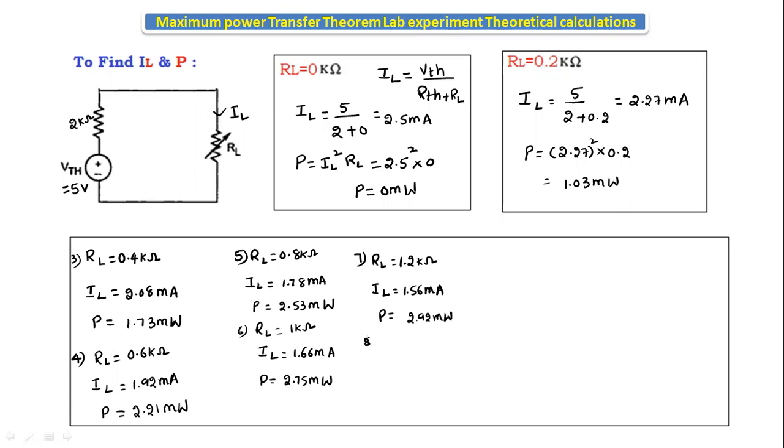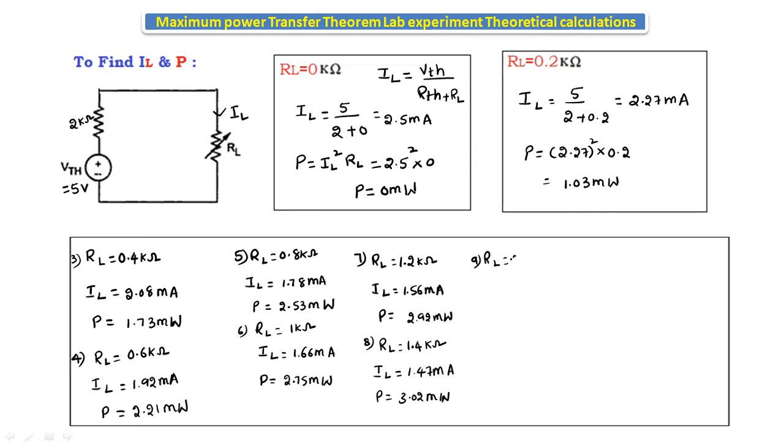Now take one more value, RL is equal to 1.4 kilo ohms. We will get IL is equal to 1.47 milliamps, and the power P is 3.02 milliwatts.